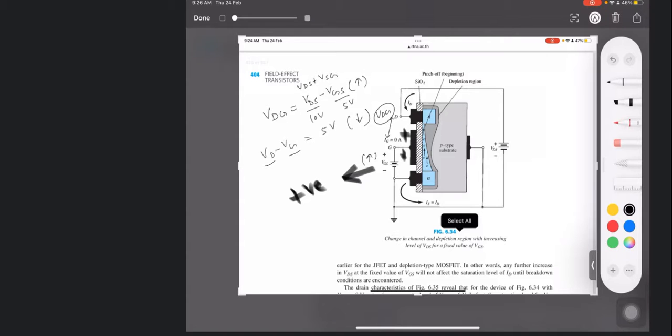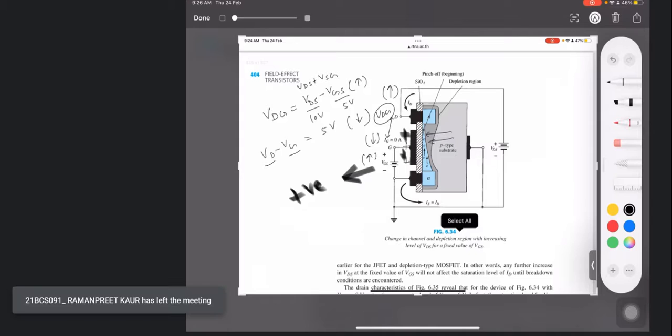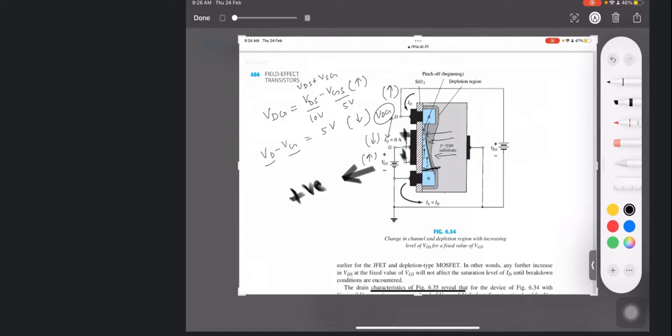So gate is becoming less negative as compared to drain, क्योंकि ड्रेन हायर पोटेंशियल पे हो जाएगा, गेट लोअर पोटेंशियल पे हो जाएगा. So its impact is less, so it cannot attract more electrons from here, और जितना ही ड्रेन से दूर जाएगा, it is having more electrons, because ड्रेन का इम्पैक्ट कम होगा towards source, because source potential is 0.